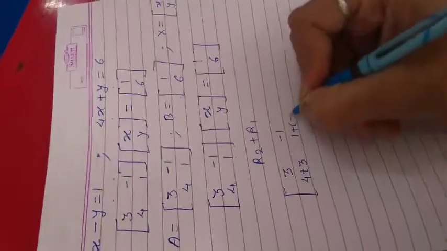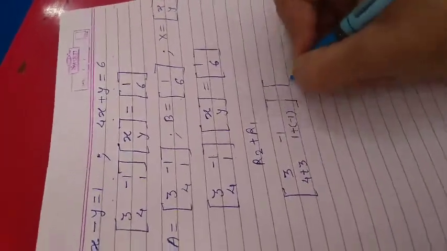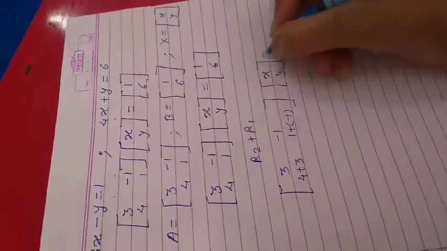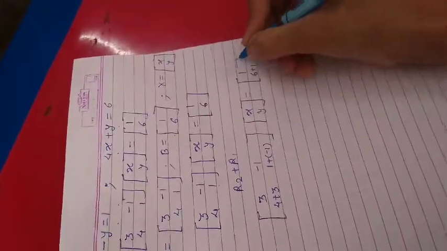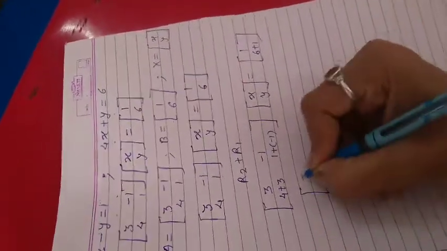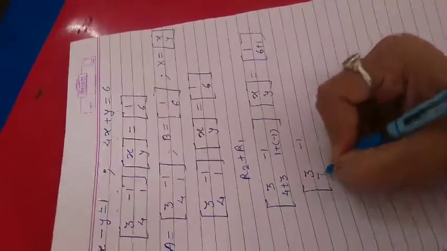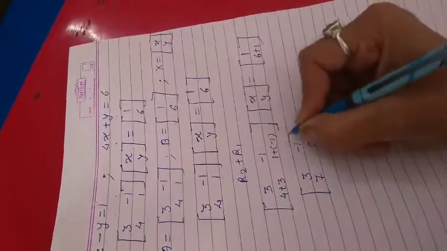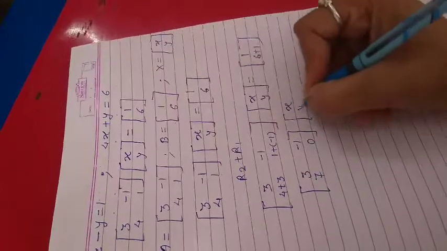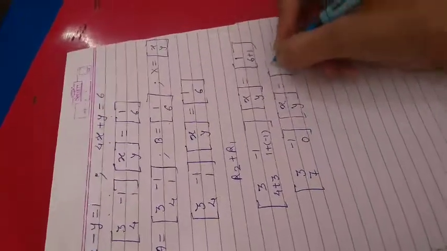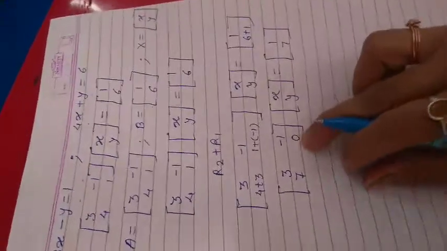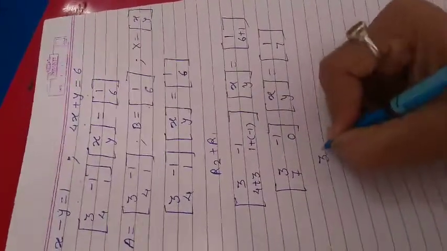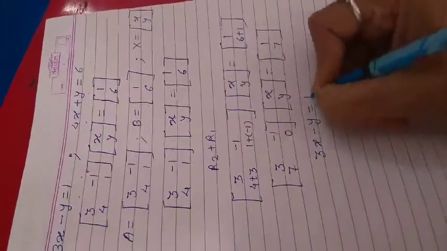So this is 3 plus 4, 7, minus 1 plus 1, 0, [x; y], 1, 7.